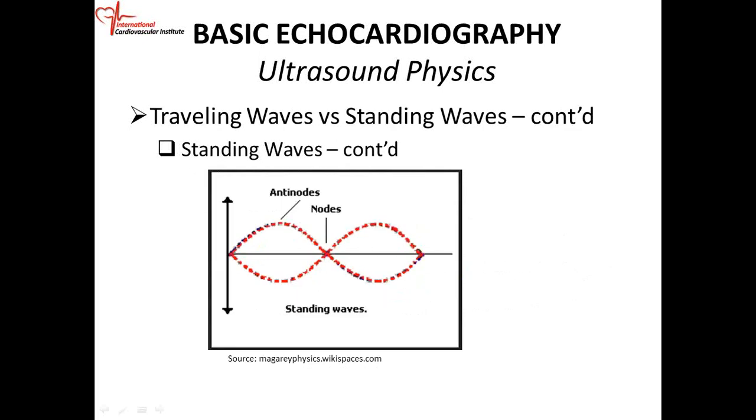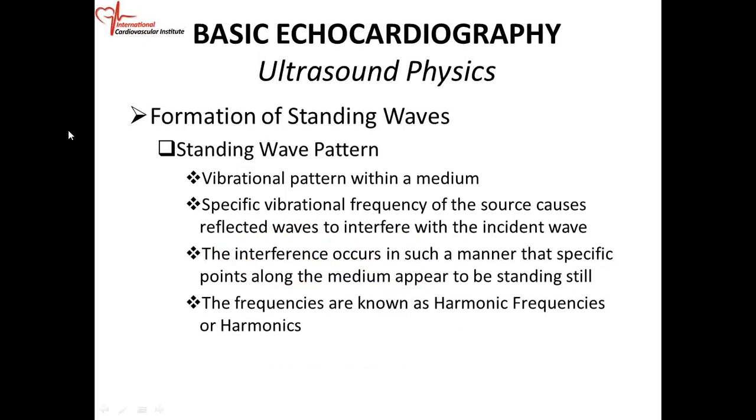These are nodes, these are antinodes. A standing wave pattern is a vibrational pattern within a medium. It's only going to occur at specific frequencies. A specific vibrational frequency of the source causes the reflected wave to interfere with the incident wave.